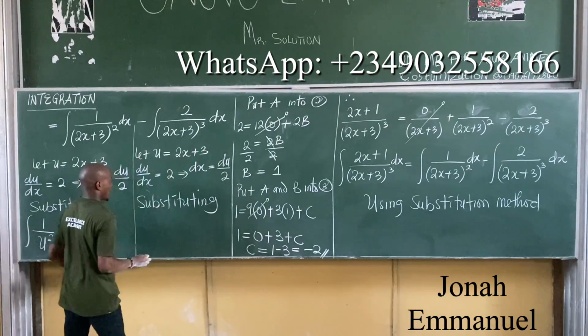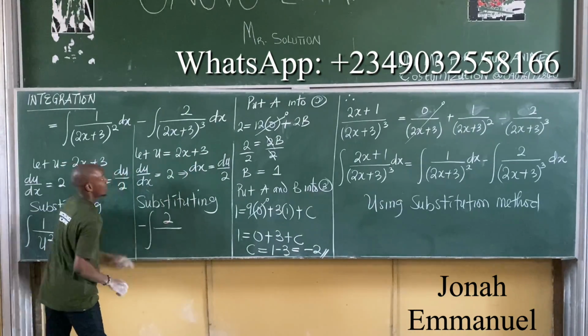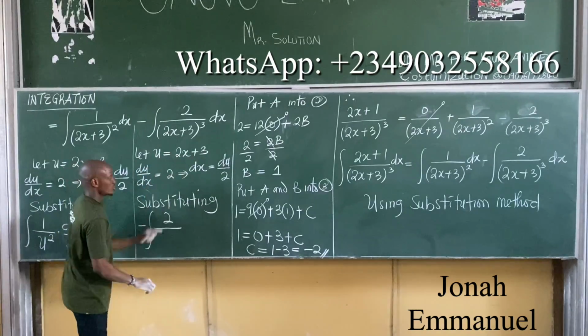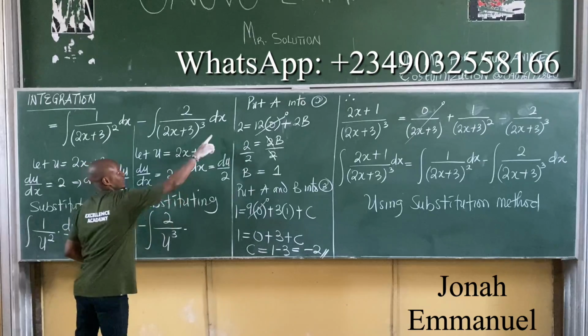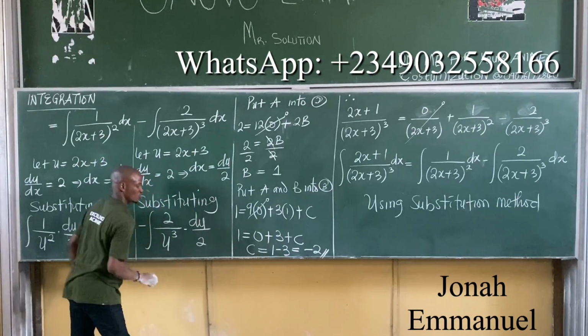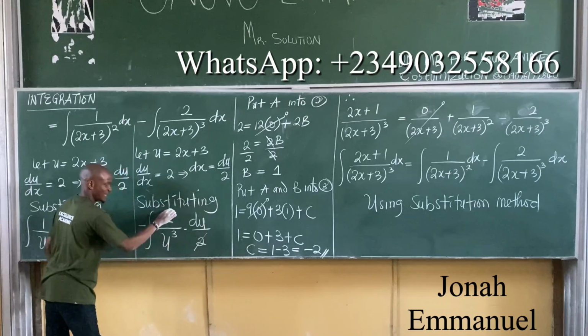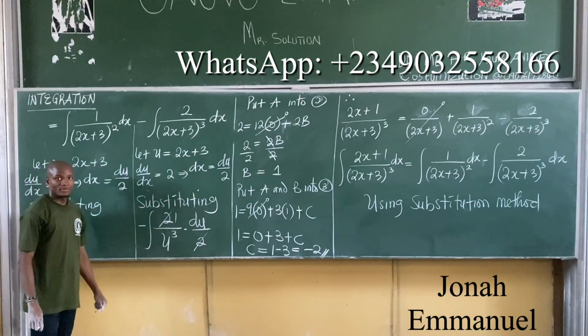For this one here, I have minus integral of 2 all over, we call this u, so it becomes u cubed dot dx. What's dx here? du over 2. Observe these cancel out there. 1 for this case.